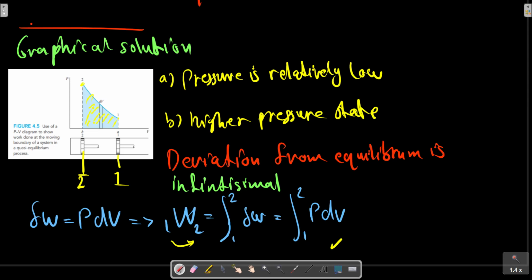In this example, the volume decreased and the area represented work done on the system. If the process had proceeded from state 2 to state 1 along the same path, the same area would represent work done by the system.